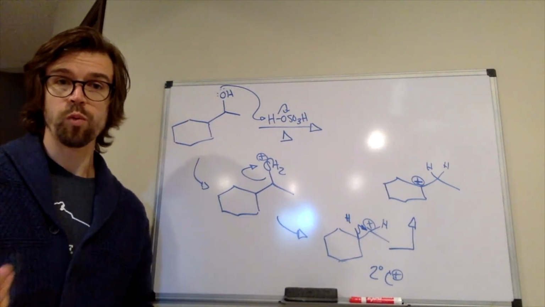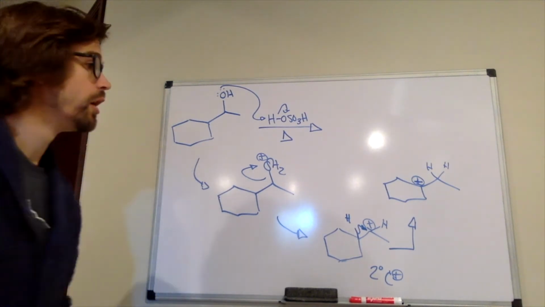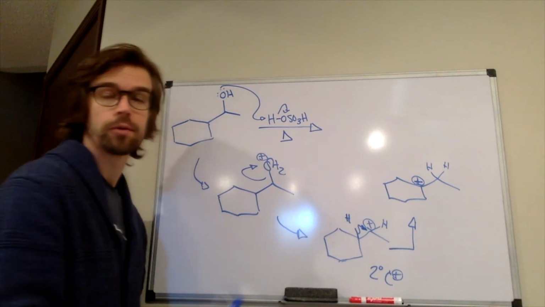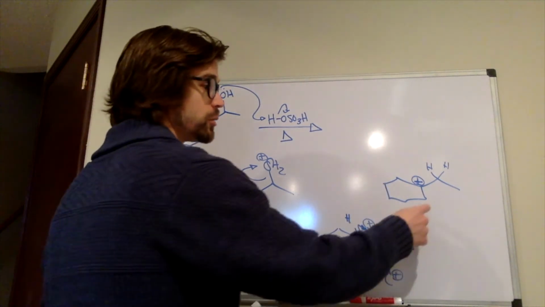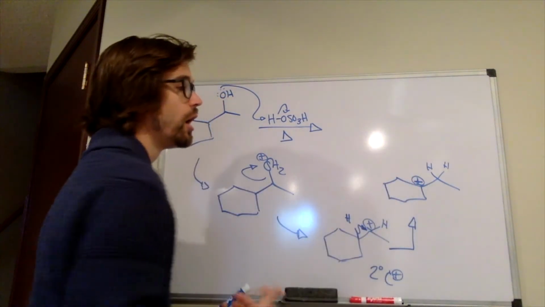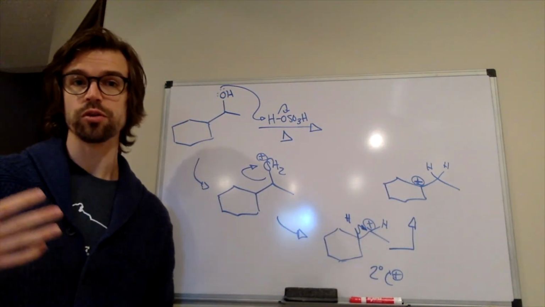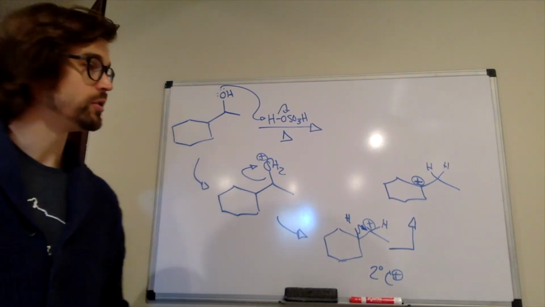So what are going to be the major products that form from this species? Well, these would be beta hydrogens to the carbocation. Where are the other beta hydrogens? We have some here, some here. So essentially, we will have multiple options for the elimination to occur.